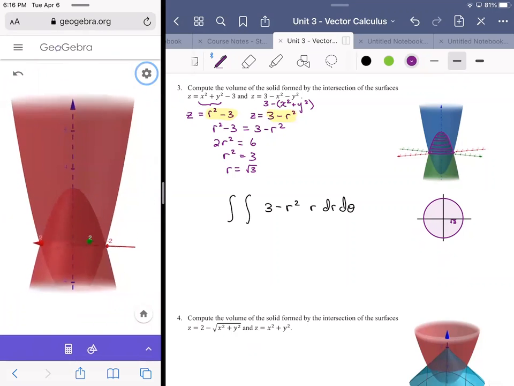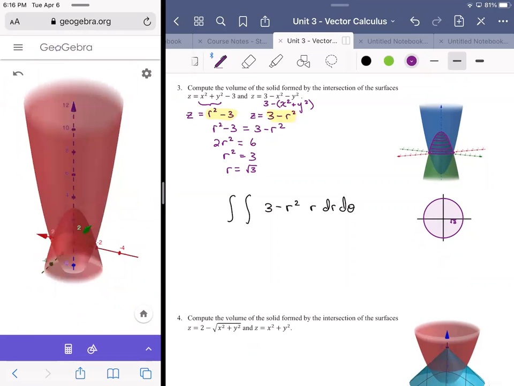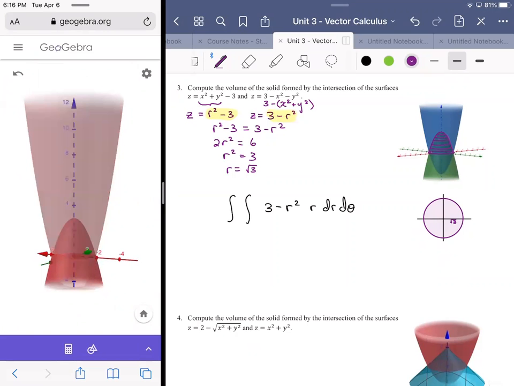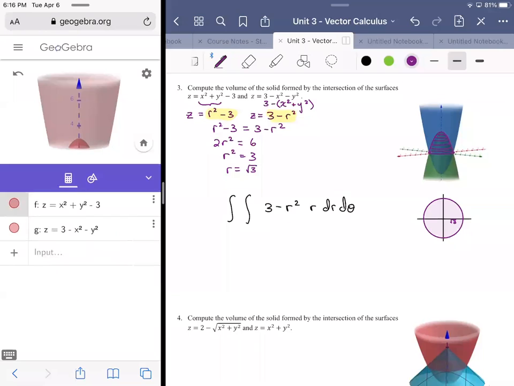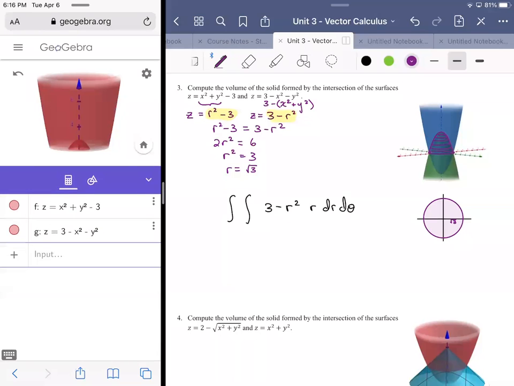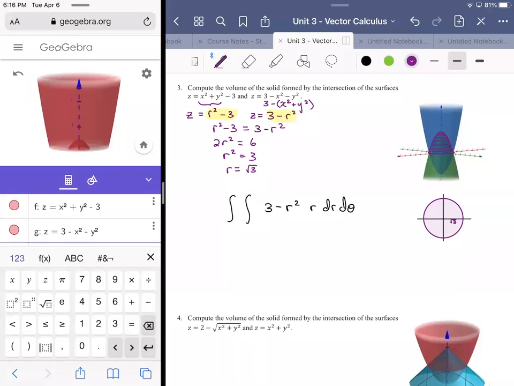Okay, so again, that little pill-shaped region is the area that we're concerned with. If you do a top-down, you kind of get a sense of it. But I could also graph the circle center at the origin, or 0, 0, 0 basically, with a radius of radical 3.